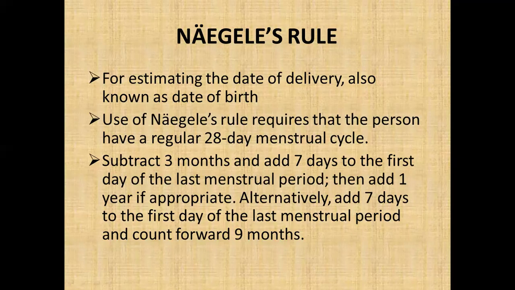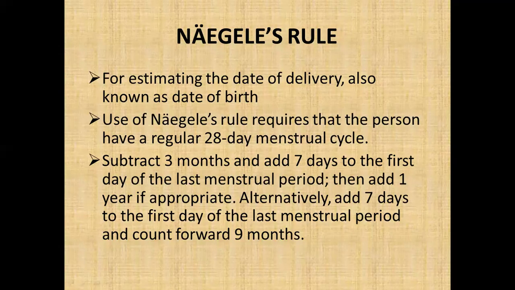First subtract 3 months and add 7 days to the first day of the last menstrual period. This is where the trick comes. So first subtract 3 months and add 7 days to the first day of the last menstrual period, and then add 1 year if appropriate.